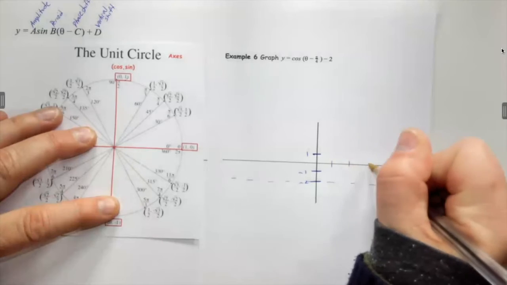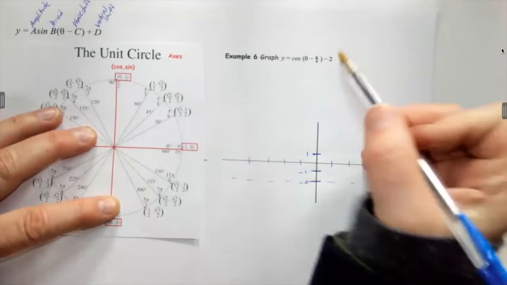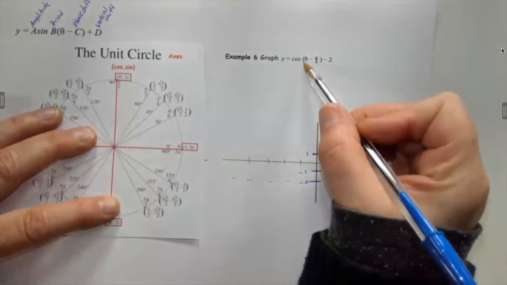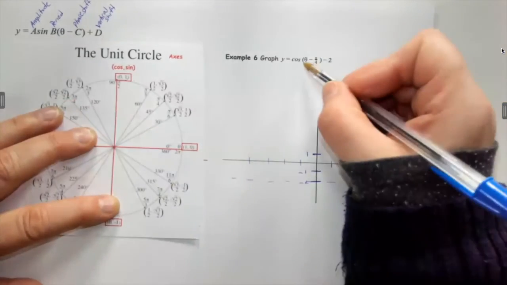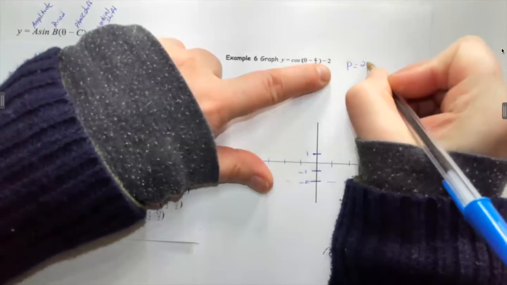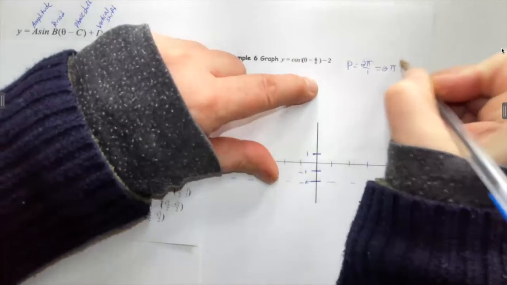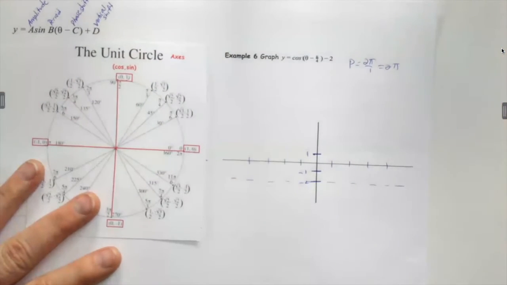Next, we're going to look for period. If we look in front of theta for B, we see that it is 1. Our period is 2 pi divided by 1, which is 2 pi, or 360 degrees.